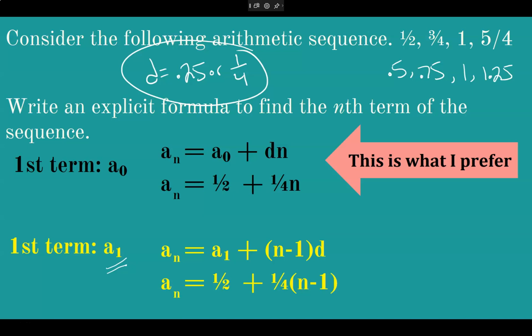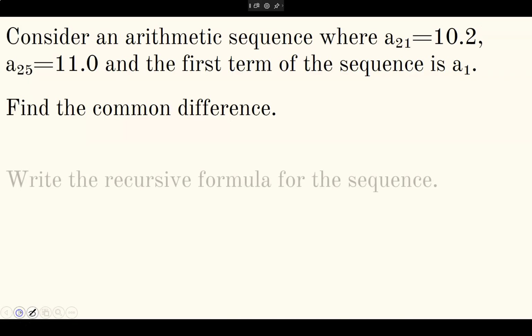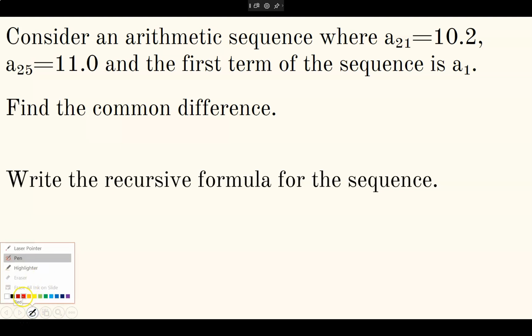But if it does not specify which one to use, you have a choice. Or sometimes you don't have a choice, like this one. We have an arithmetic sequence where a sub 21 is 10.2 and a sub 25 is 11. The first term of the sequence is a sub 1. They don't tell us what it is, but they're telling us to use a sub 1 this time.